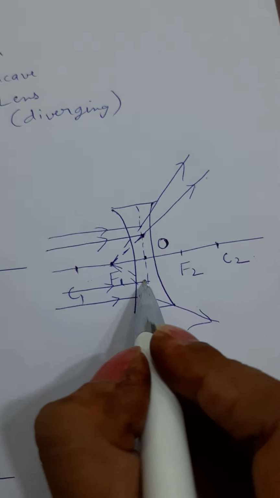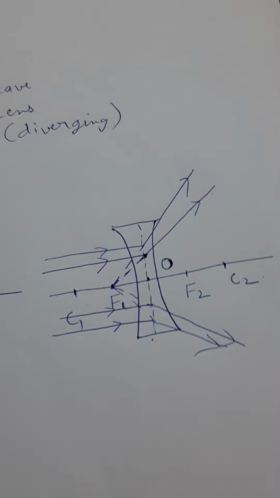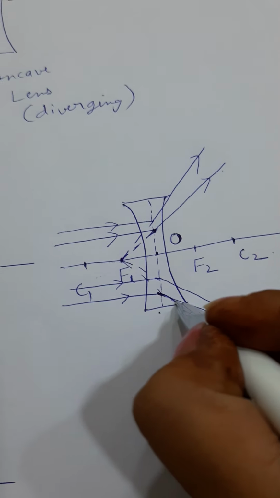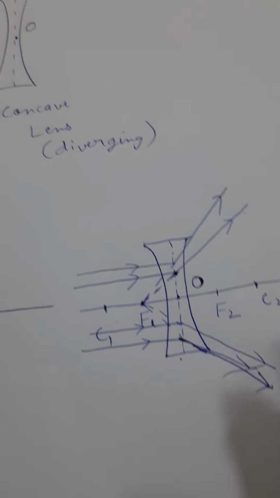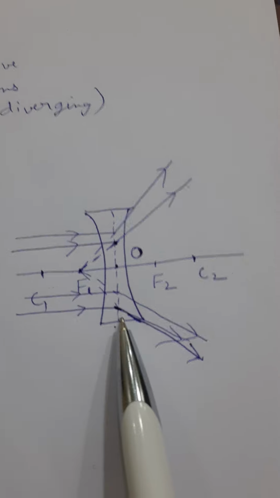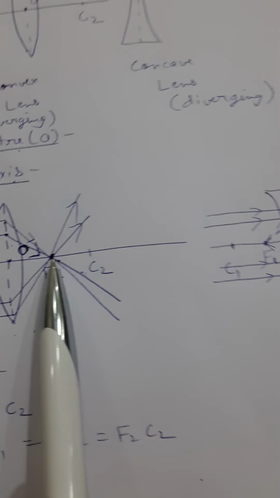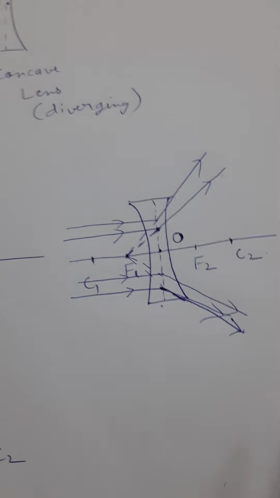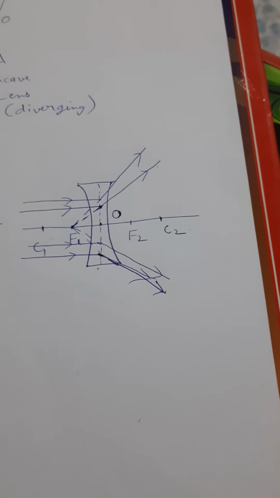And extend this one, so you can see it is diverging all the rays, and this one is straight, and this one is collecting. So this is called a converging lens and this is called a diverging lens. But these points, this is called the principal focus, and in this one it is also called the principal focus. I hope you are getting these things.